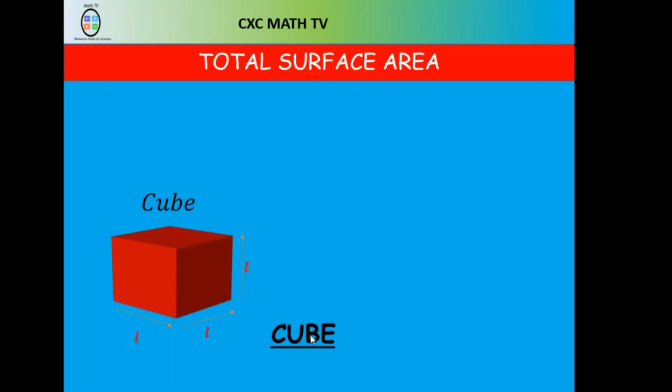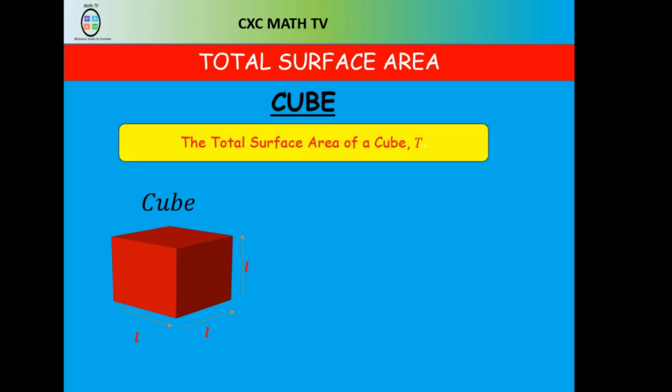So for a cube now, and don't worry, we'll soon look at some questions. For a cube, the total surface area is 6L squared, where L is just the length of a side. Remember, a cube is like a dice, right? A cube has all the sides being equal in length. Imagine you have this square, then another square on it, another square, another square, another square, another square.